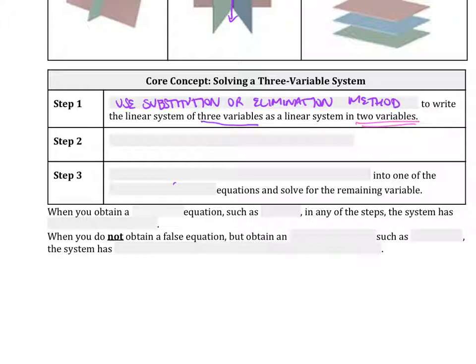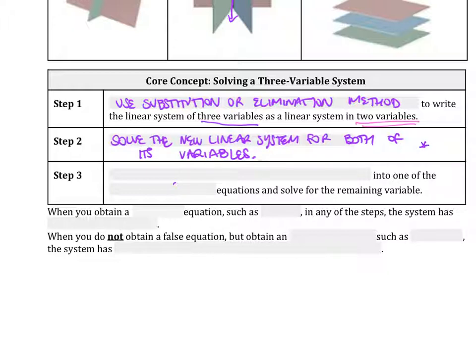Then after you do that, you're going to solve the new linear system for both of its variables. So last week when we did systems of 2 variables, x, y equals a number, this part is the familiar part, right? Solving systems in 2 variables.